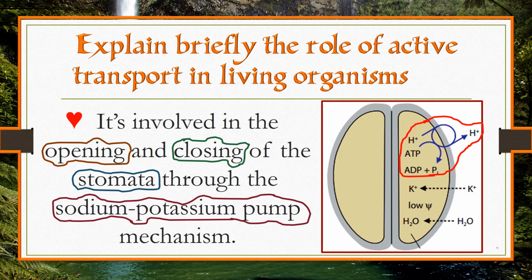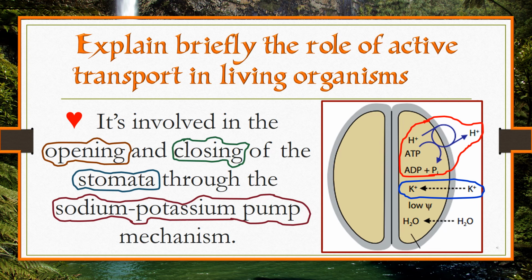And because of the negative charge inside, the potassium ions, which are outside the guard cells, are going to be attracted to enter into the guard cell where it is negatively charged. That is electrical gradient. And they will also enter because of the concentration gradient.